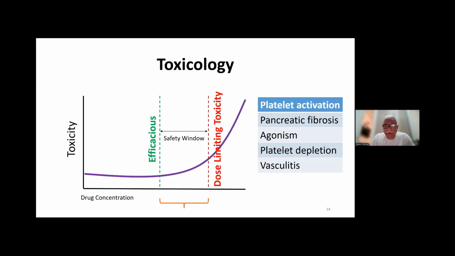As I mentioned earlier, the goal of toxicity testing is to determine what is called the dose-limiting toxicity, determined by the maximum tolerated dose, and you're determining what that window is. The points I've made in this slide, which are platelet activation, pancreatitis, etc., are typical toxicology effects that you see for biologic or protein drugs.